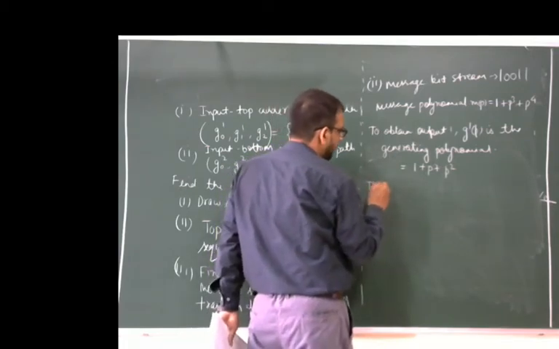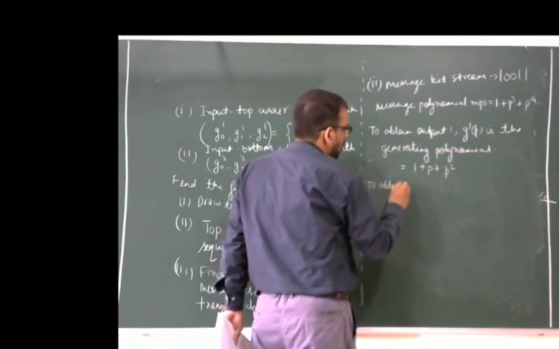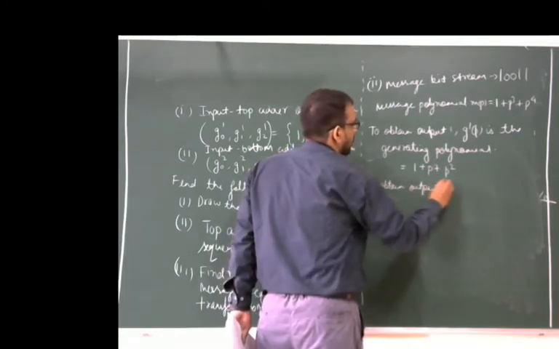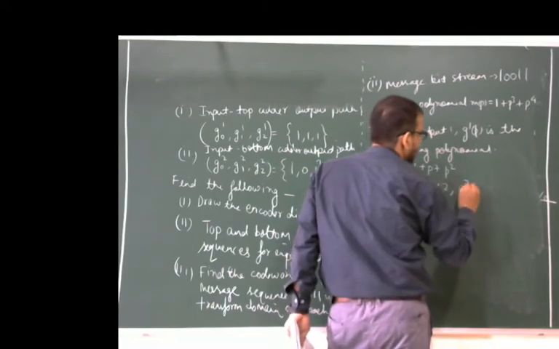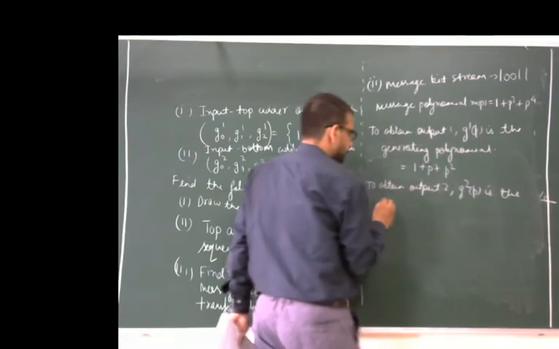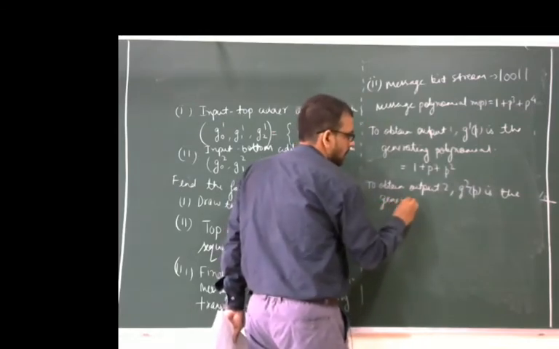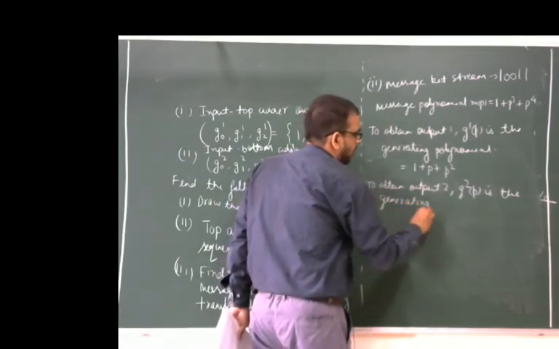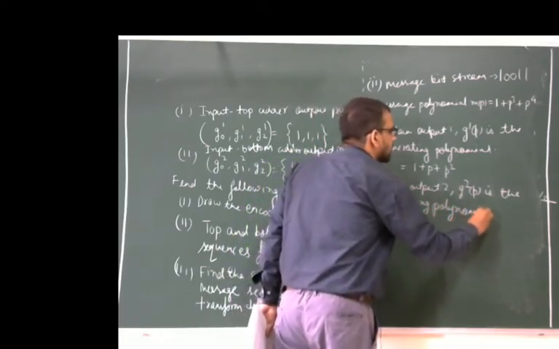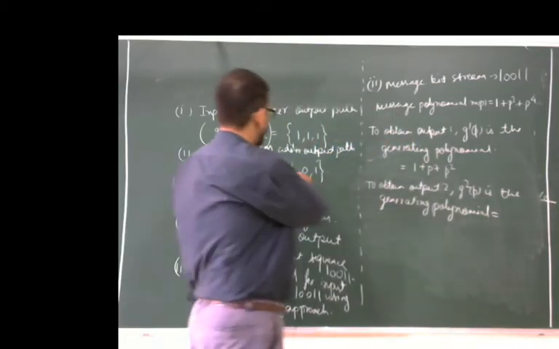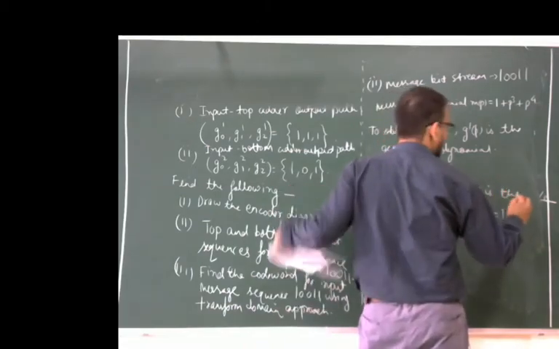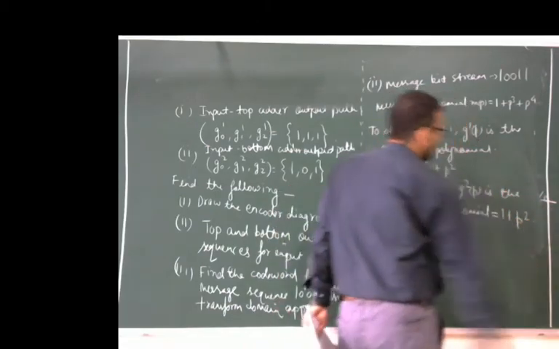And now again, to obtain output 2, G2P is the generating polynomial, is equal to 101, means 1 into p to the power 0, that is 1, plus the p term will be skipped, plus p square.